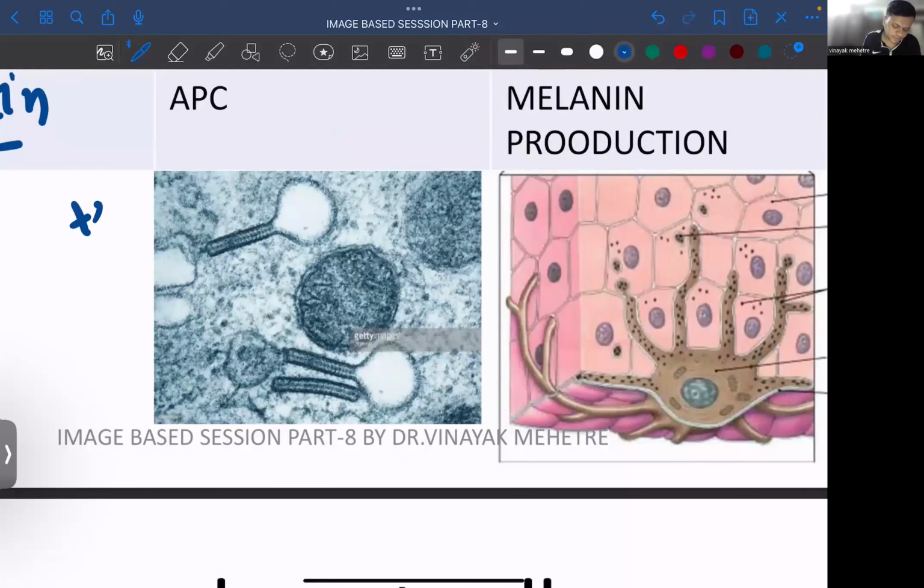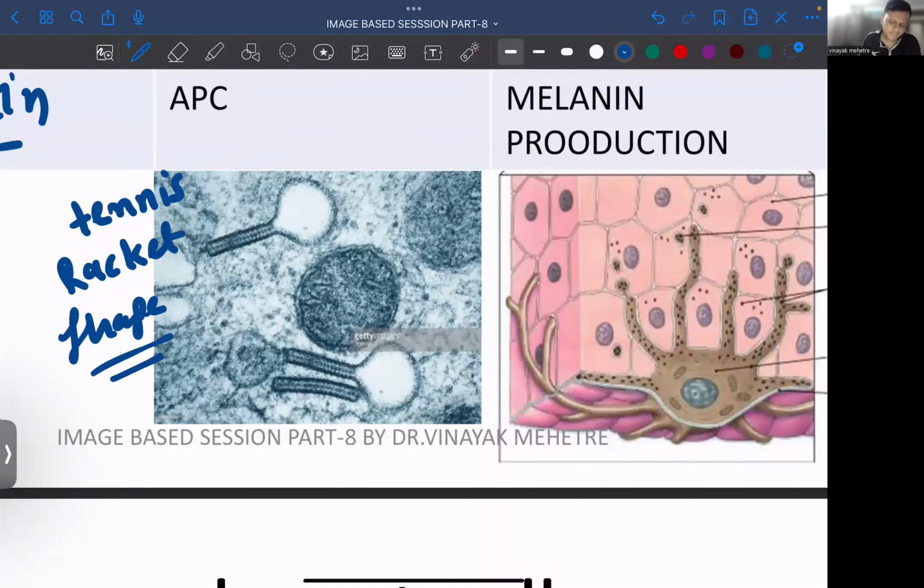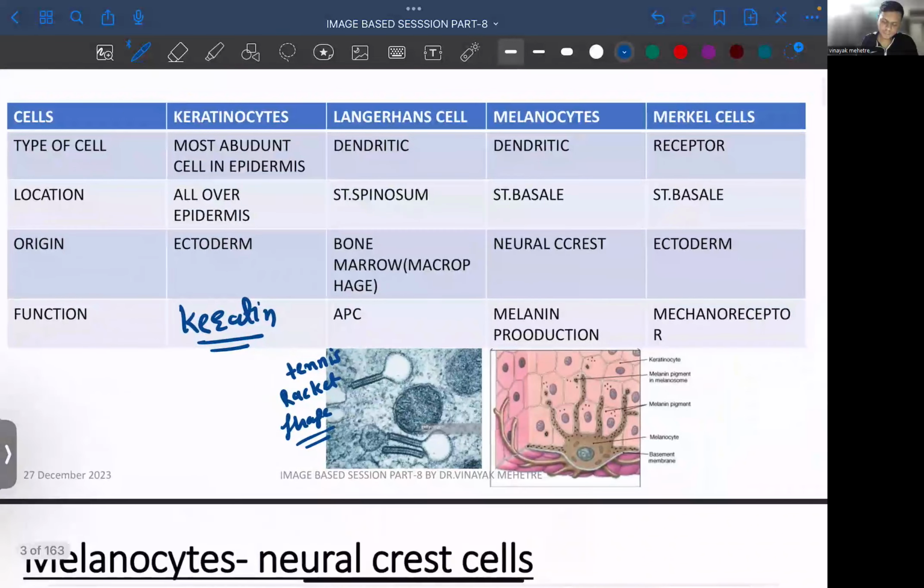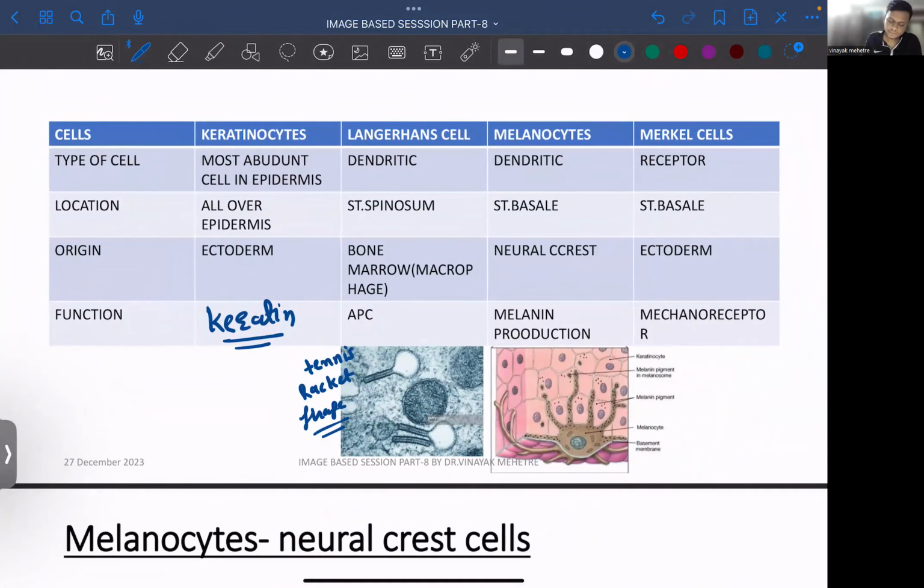This is called tennis racket shape. Tennis racket shape. These are antigen presenting cells. Right? कहाँ present होते हैं? It is present in stratum spinosum. Right? Melanocytes will produce melanin.